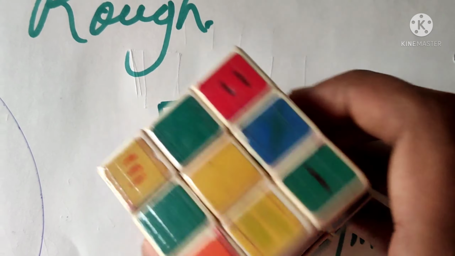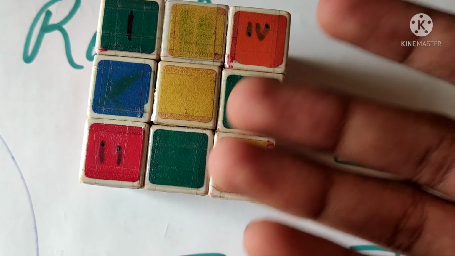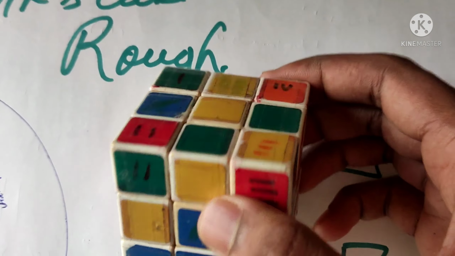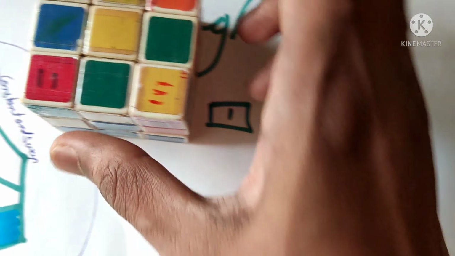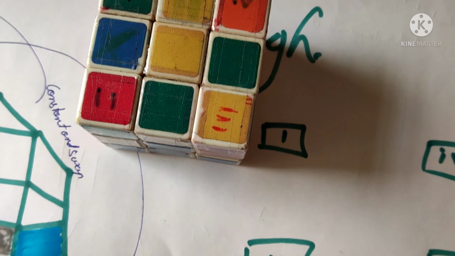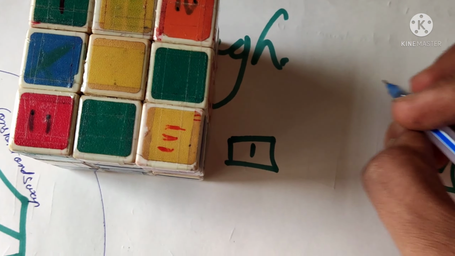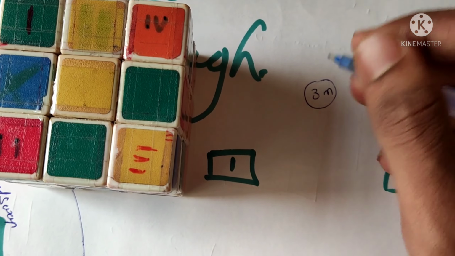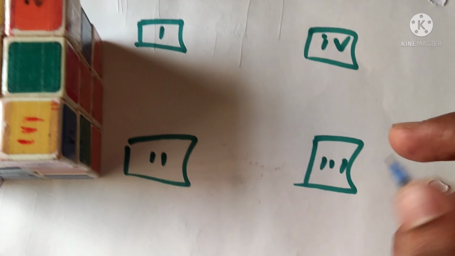So if you see, the yellow on this side is in its desired position, which is facing the yellow center, and I will be assigning the sub cubes that are like this as 0, or in general 3n, so a multiple of 3 basically, and 0 is also a multiple of 3. I'm assuming.